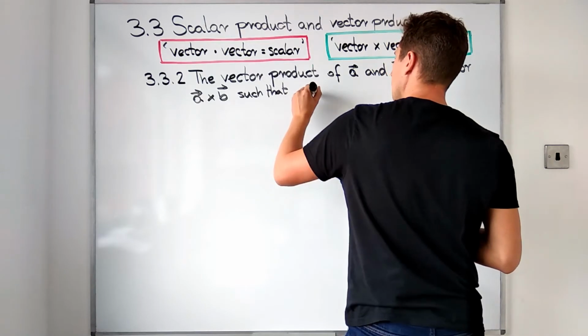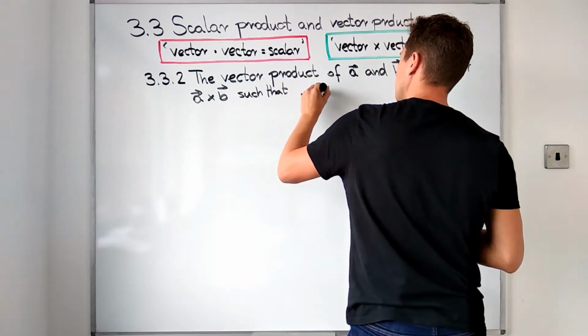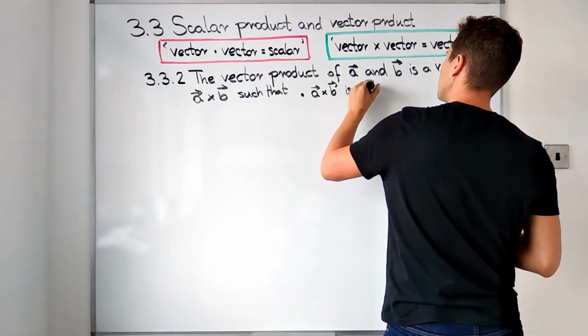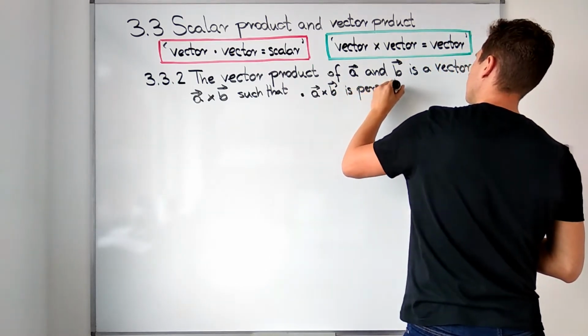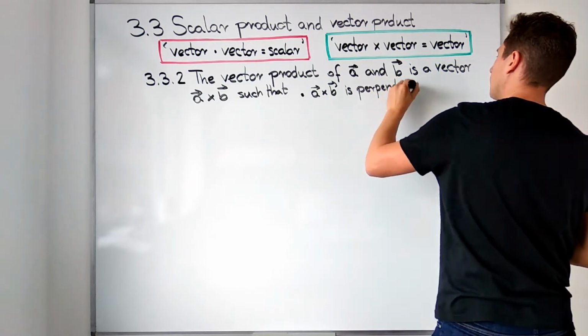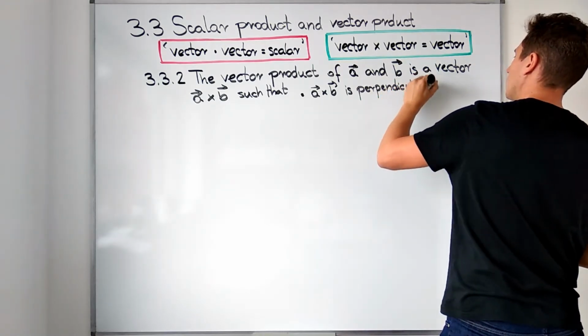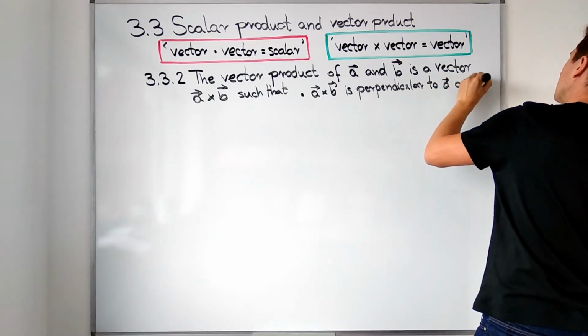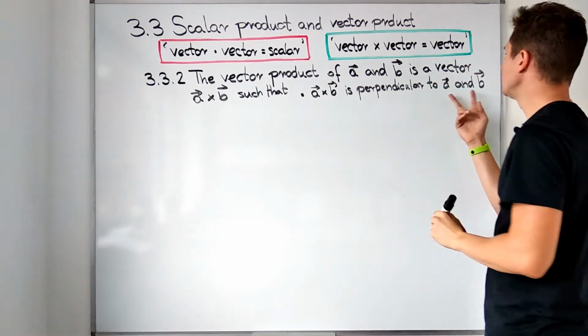First, A cross B is perpendicular to both A and B. So it should be perpendicular to these two vectors.